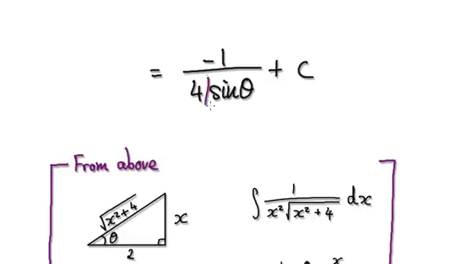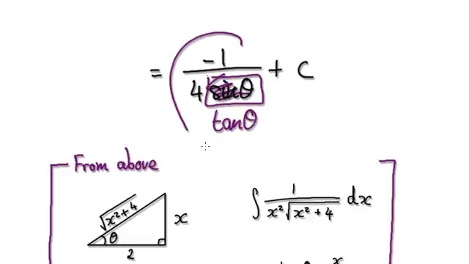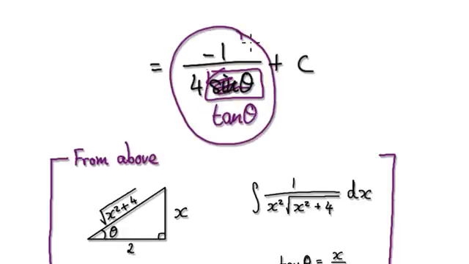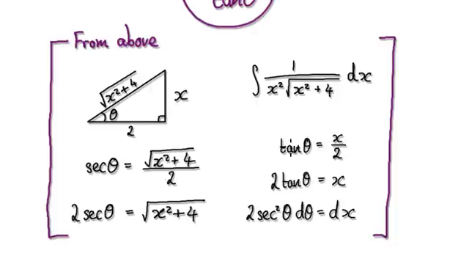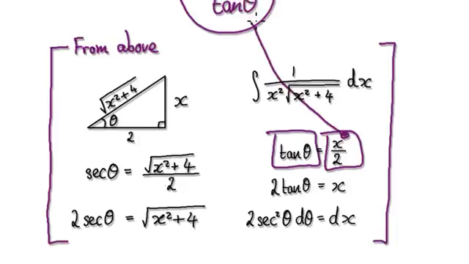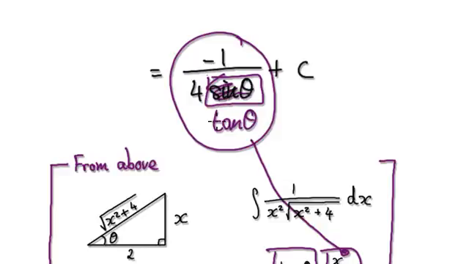Now, at the moment it's sine theta, but suppose the answer is, let's say, tan theta. Let's just imagine the answer is this. If this is your answer here, then you can just go back and look at this bit here. Tan theta equals this. So you would then put x over 2 back into the tan theta.